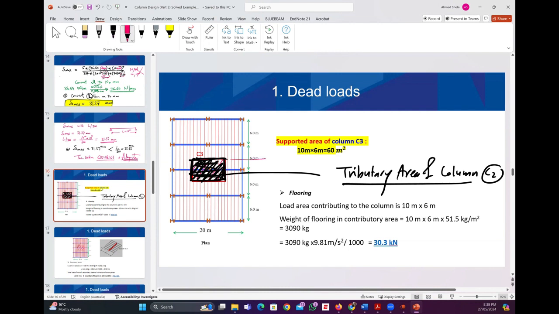In this direction, how much? 6 meters. And in this direction, half from the left and half from the right, so it would be 10 meters. So what is the tributary area for this column C3 or C2, whatever the name? 10 times 6, so it is 60 square meters.